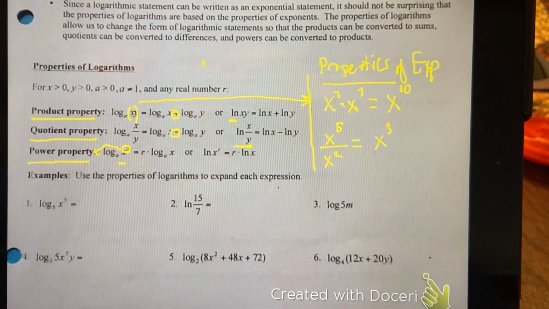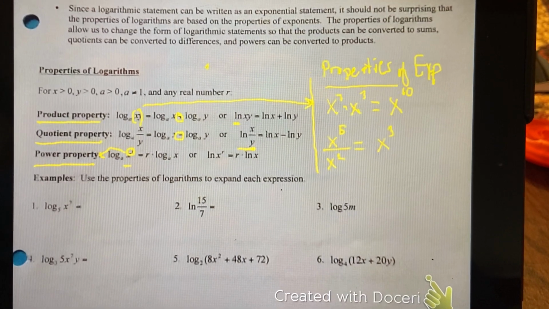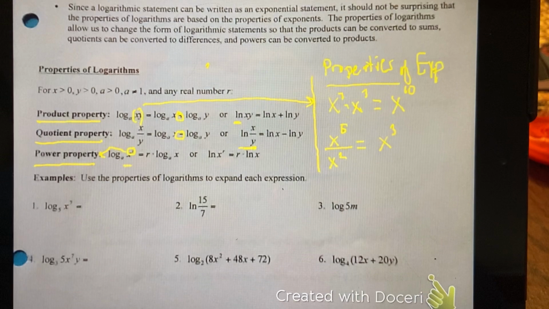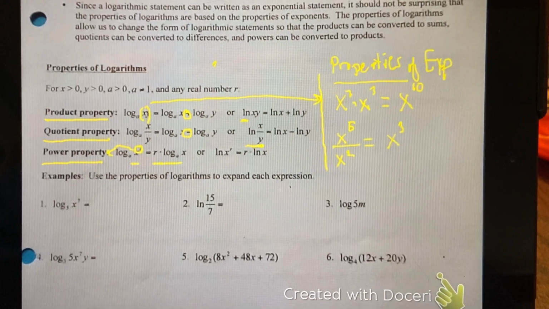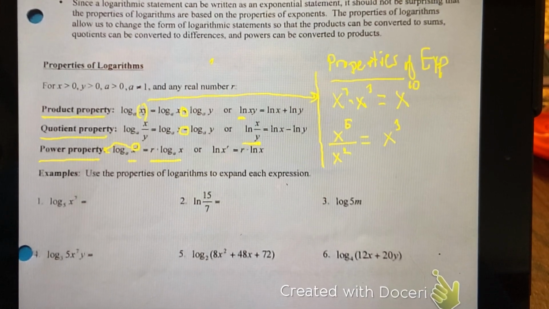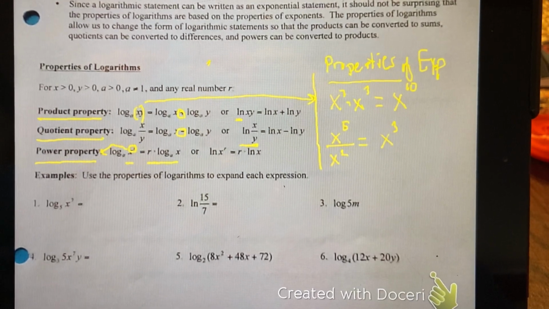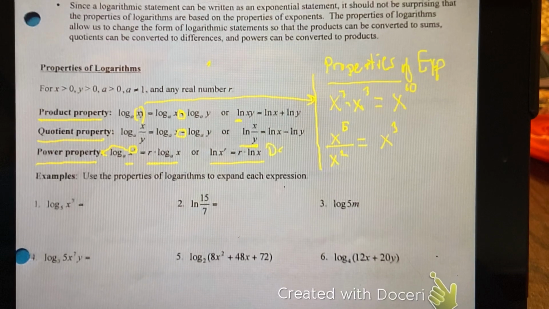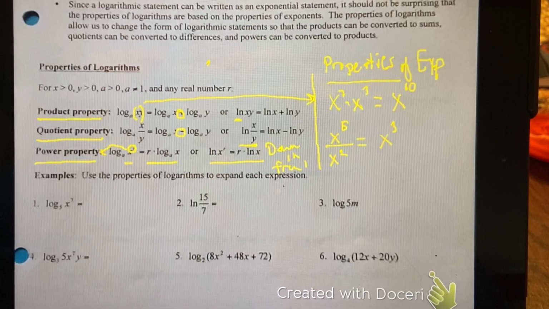It's like you're at a ball game trying to watch, somebody's standing up in front of you, and people are going to yell, down in front, get out of the way. That's what we need to do: get that exponent out of the way. So it becomes r times the log of x, with whatever the base is. Same thing with the natural log. Down in front, that's the way I like to say that rule.